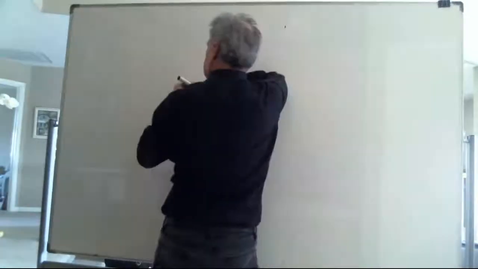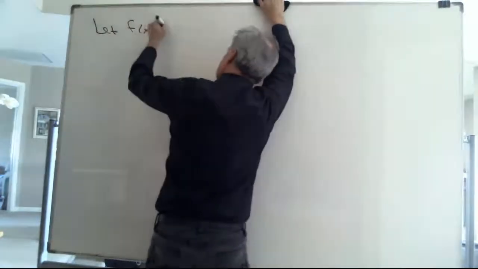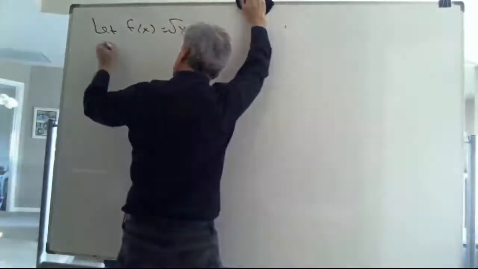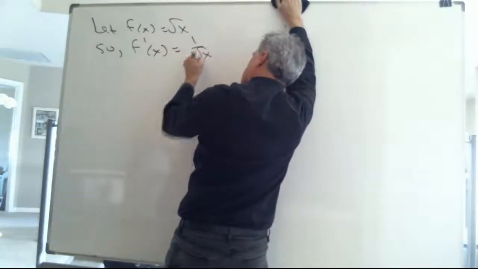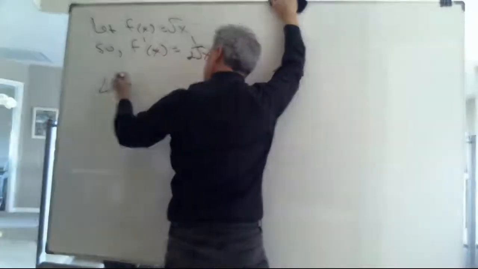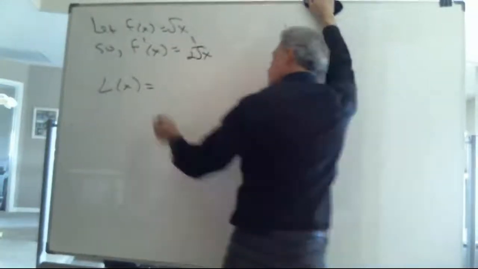So here we go. Now I'll choose a local linearization about a equals 36.